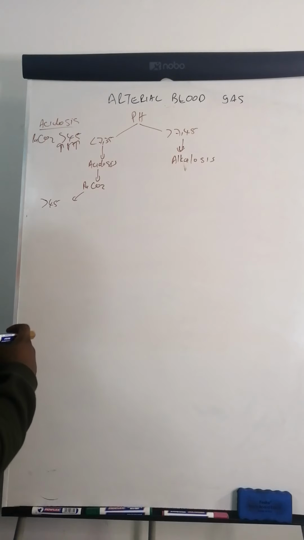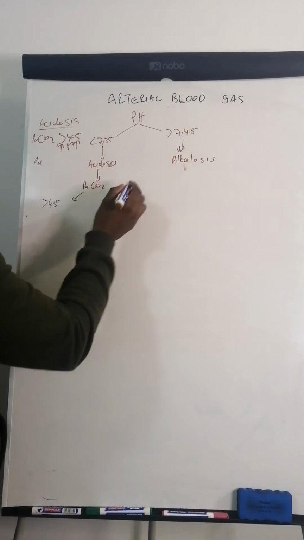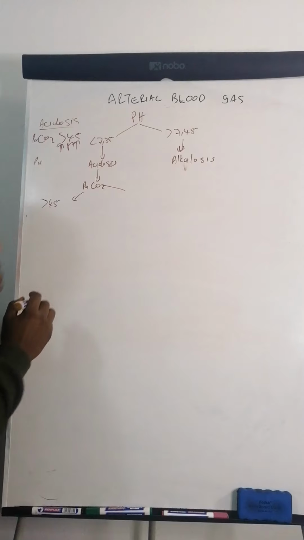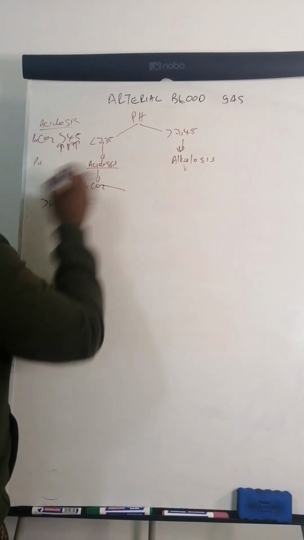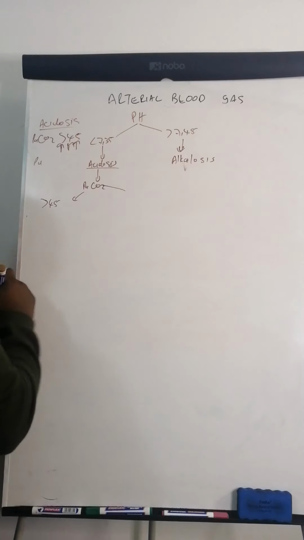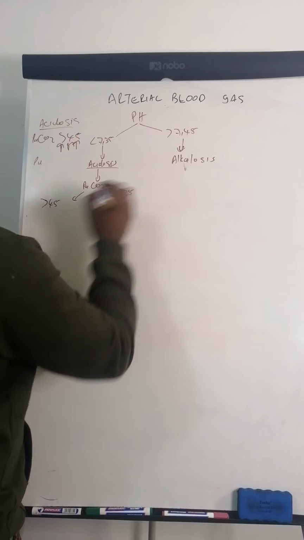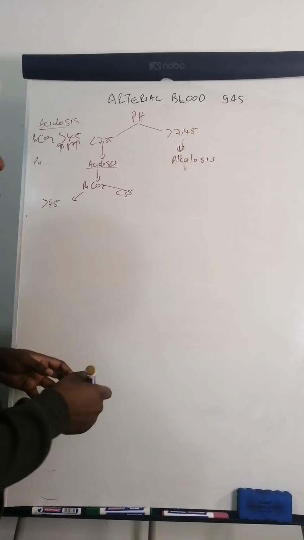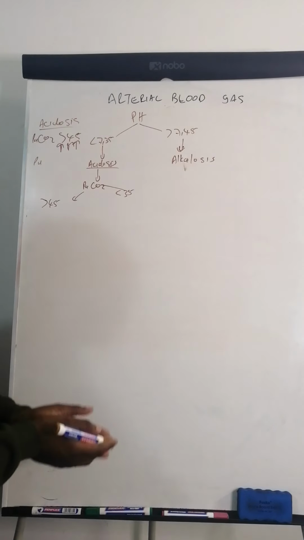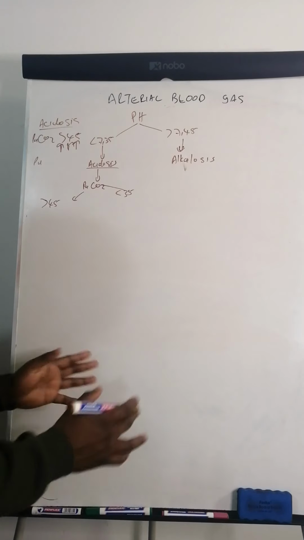But now, if we have acidosis but we look at our partial pressure and we find it to be less than 35, we know that a reduced CO2 of less than 35 cannot give us acidosis.